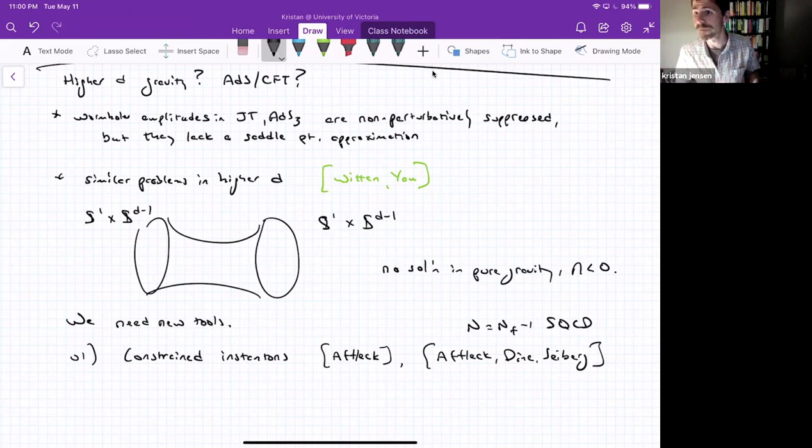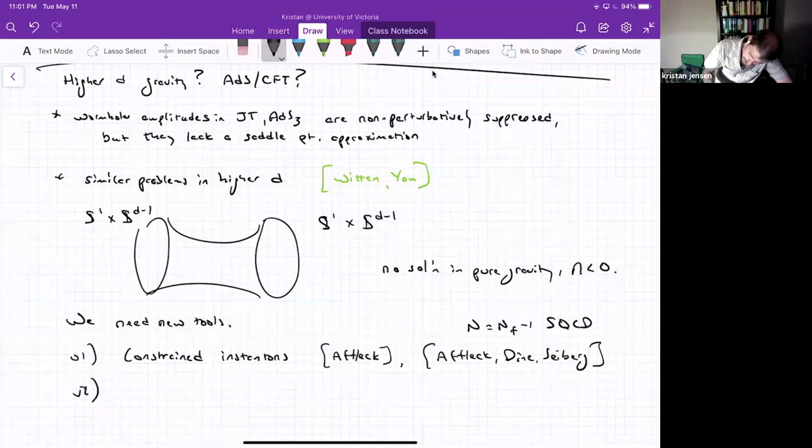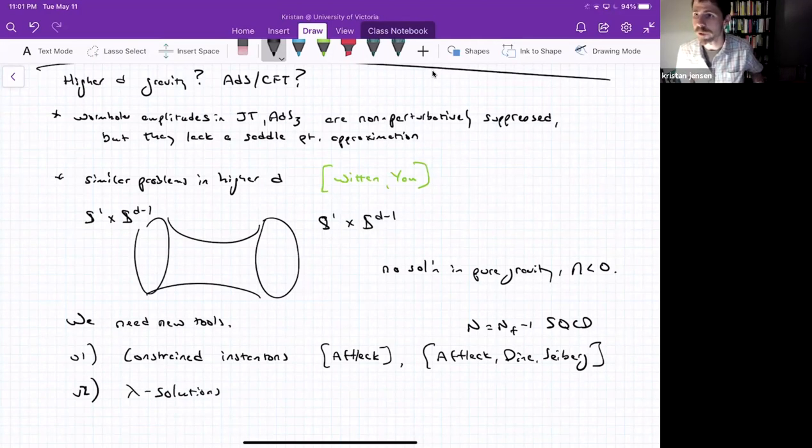So that's one way of finding these wormholes. And this is what we did in a paper last October. But what I want to do for this talk is actually a more refined, somewhat nicer way that I'll call V2, which we gave a name. We called these things Lambda solutions. And let me describe what these things are.